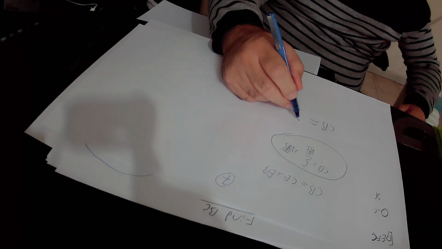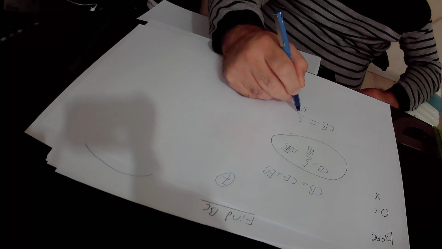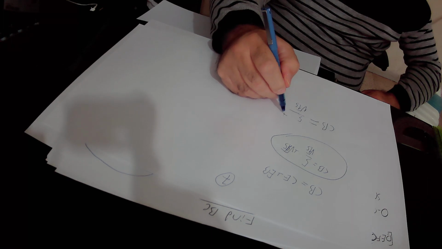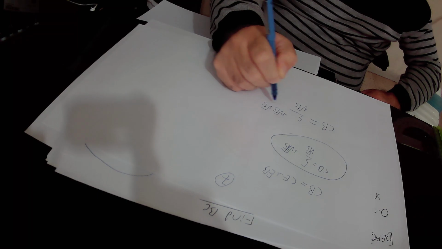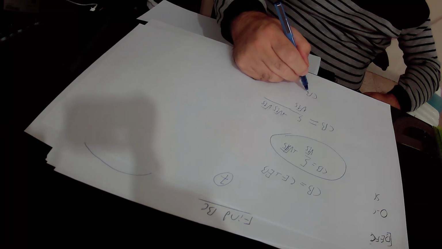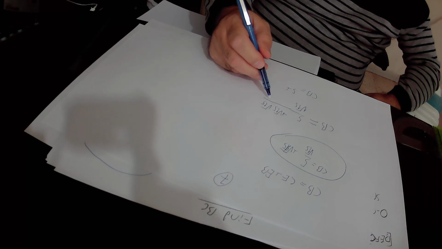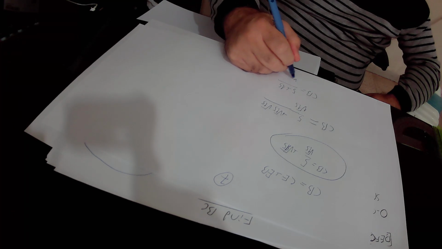So CB equals 5 over square root of 15, and again we will multiply square root of 15 by square root of 15, and then we will divide it by square root of 15, so we change nothing. So CB equals 5 plus square root of 15 times square root of 15, which is 15, over square root of 15.